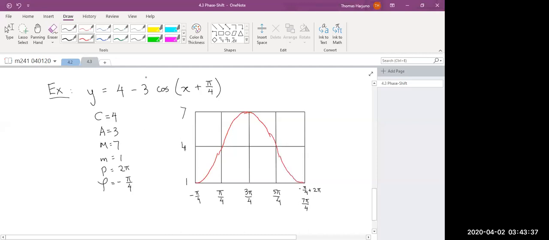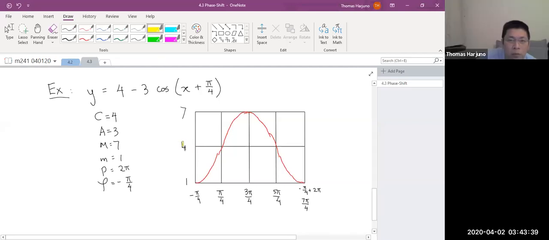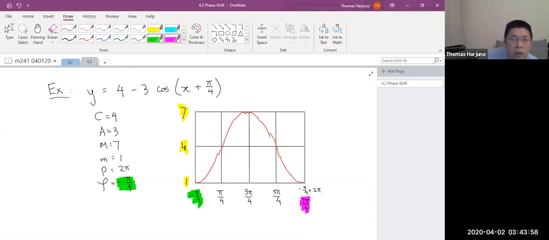And then the center, maximum, minimum, here, here, here. This is the phase shift. This number here should be the same as this, and this number there has to be the phase shift plus the period.